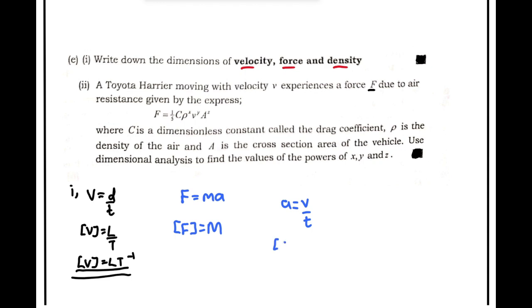Now, the dimensions of acceleration: we know the dimensions of velocity, we found them, LT^-1, so that's LT^-1 over the dimensions of time, that's T. This can also be written as LT^-2. So this is M multiplied by LT^-2. So these are the dimensions of force.